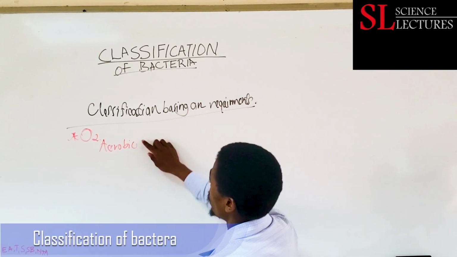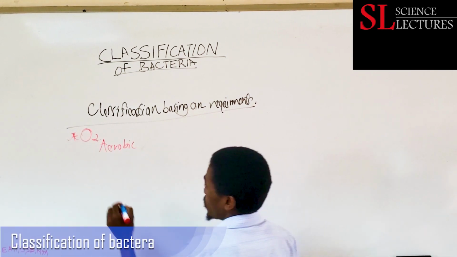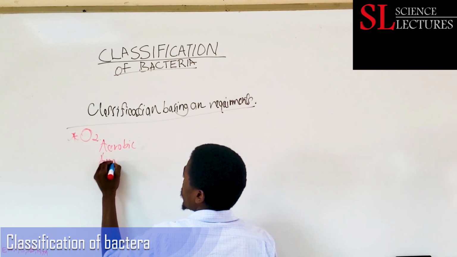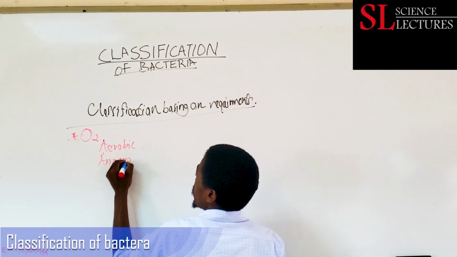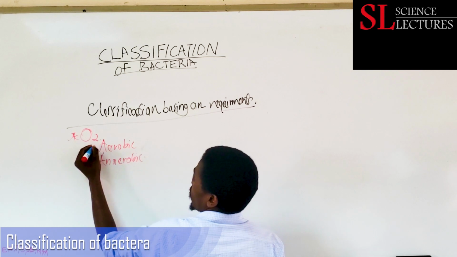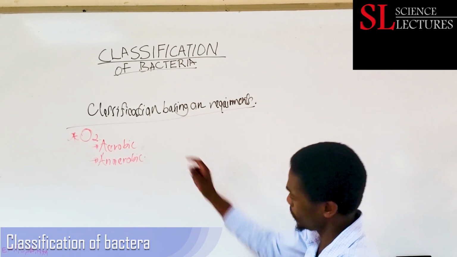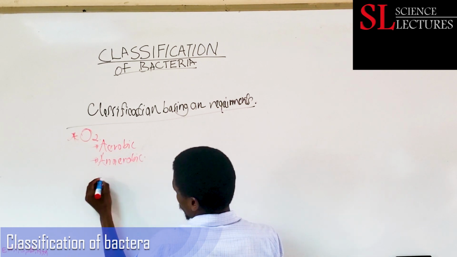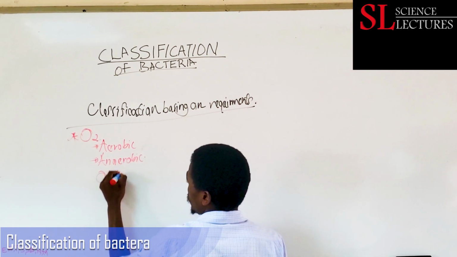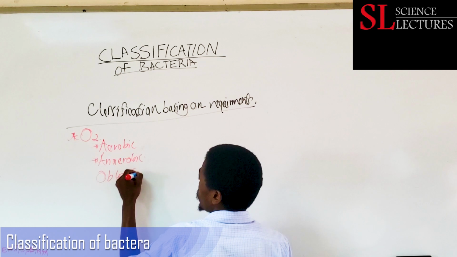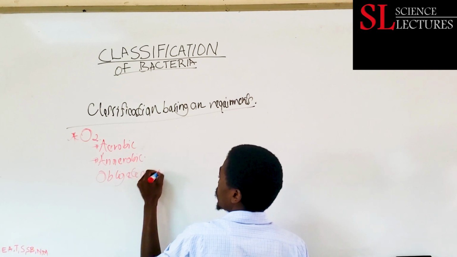Aerobic means they require oxygen for their survival. Anaerobic, such bacteria don't require oxygen for their survival. However, some bacteria are obligate anaerobes.